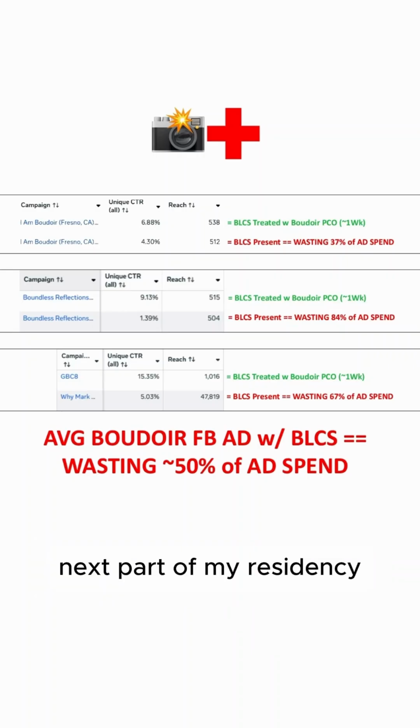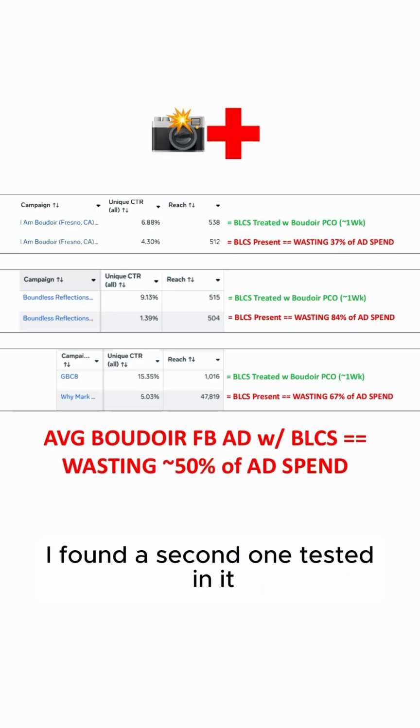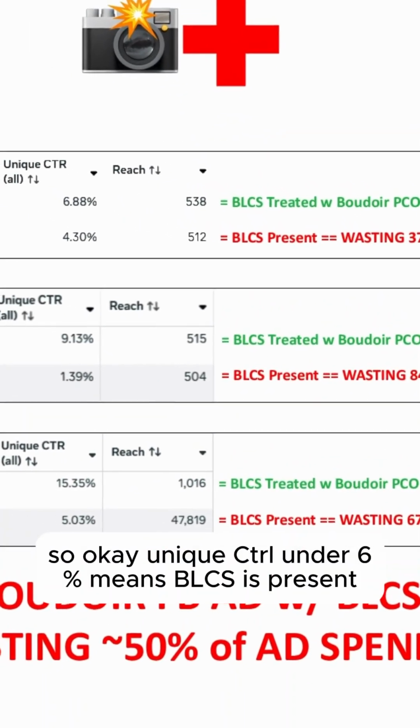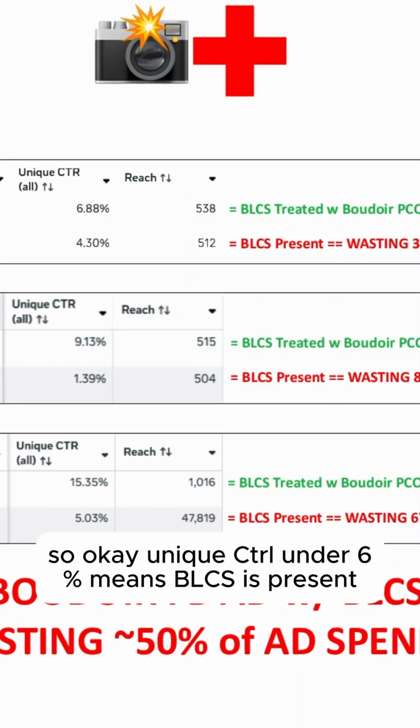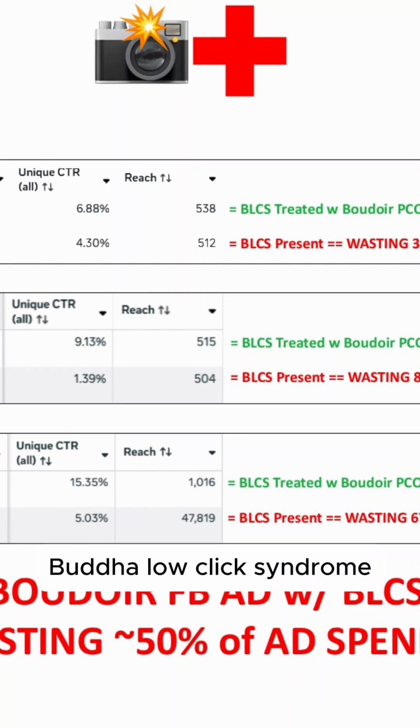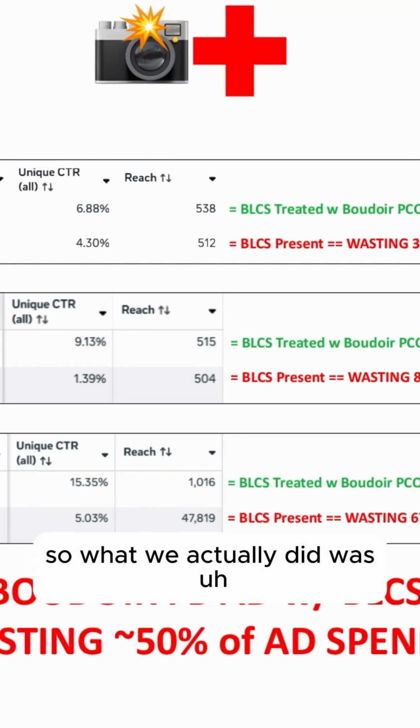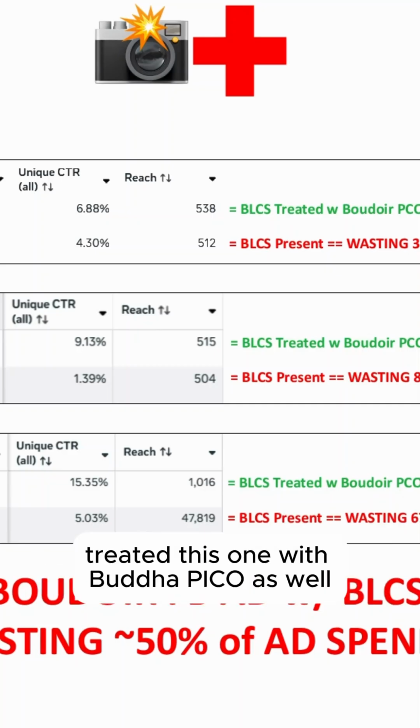Next, part of my residency, I found a second one, tested it, and found its unique CTR all was 1.39%. So, unique CTR all under 6% means BLCS is present, Boudoir low click syndrome. So what we actually did was treat this one with Boudoir Pico as well.